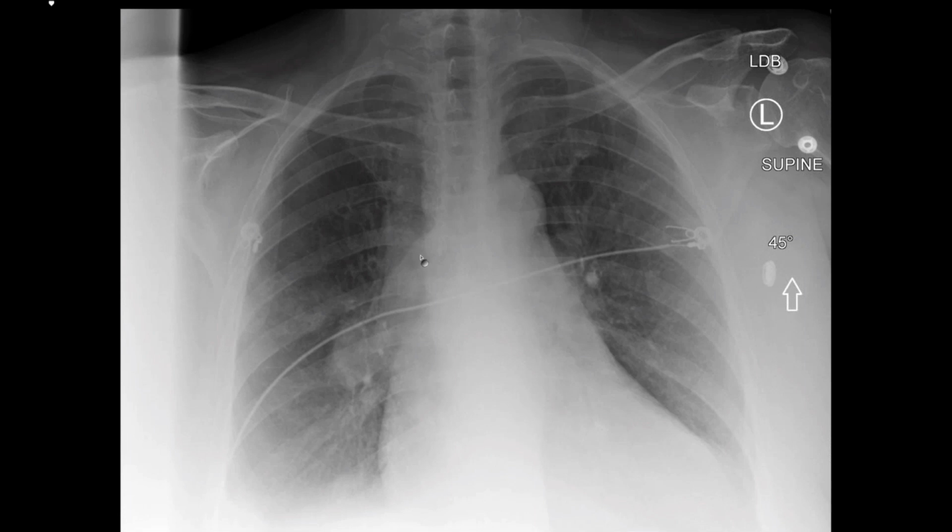Additional findings are the azygos vein and the SVC are distended. So certainly with this complex of findings in that history, one should think of pulmonary embolism. Correct me if I'm wrong, but this is the oligemia, small vessels of the Westermarck sign.